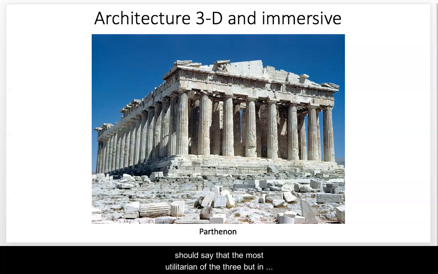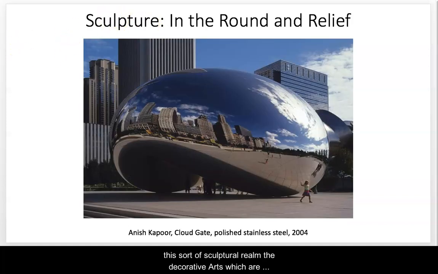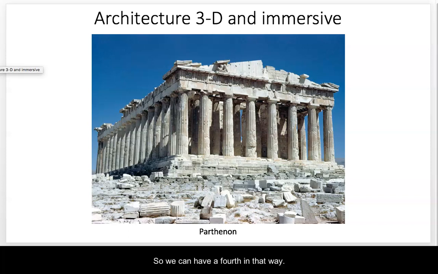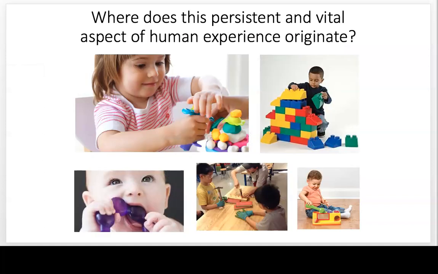And I should say most utilitarian of the three, but in this sort of sculptural realm, the decorative arts, which are part of that, those would be utilitarian objects like pots and jewelry. So that would be really utilitarian as well. And that would be the kind of fourth category people might include because they're not necessarily made to be, in quotes, art by the people who made them. So we could have a fourth in that way.